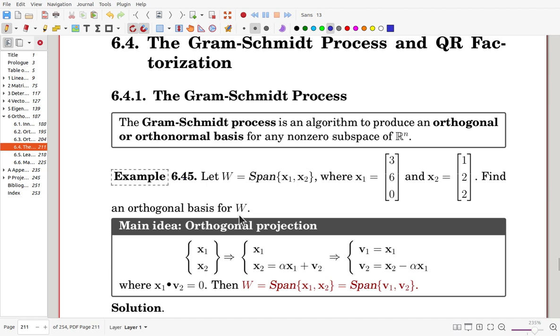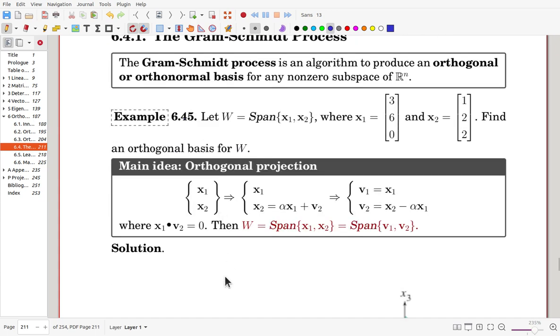The main idea of the Gram-Schmidt process is the orthogonal projection. For two given vectors, x2 will be projected onto the space of x1, and this is the normal component.